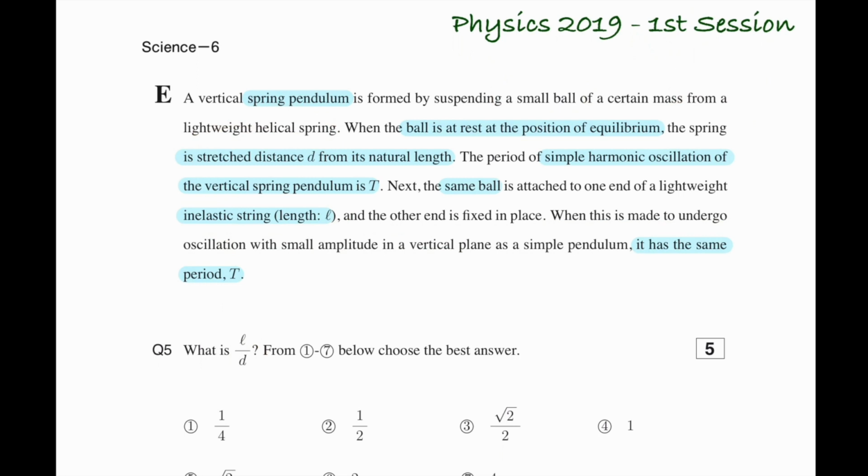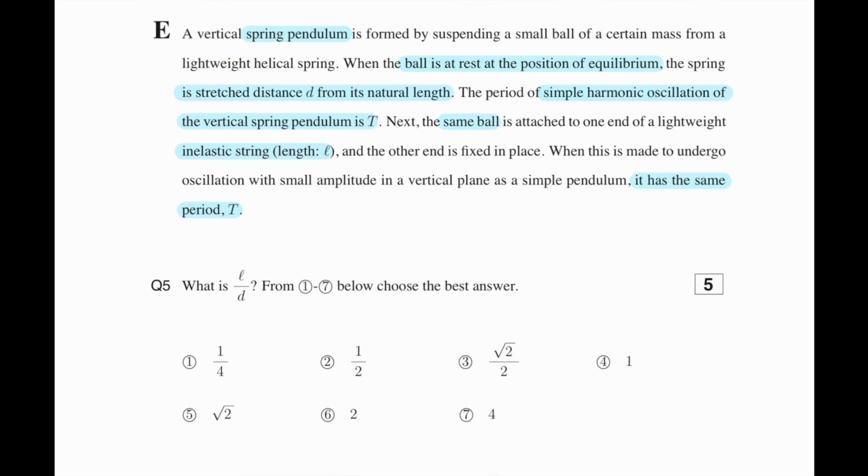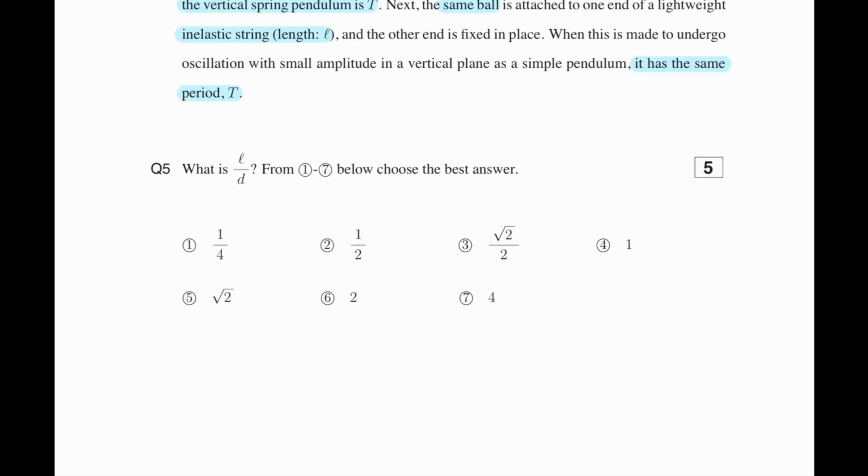If you remember the formula of the period of a simple pendulum, I will talk about the second arrangement first. You have to imagine the second arrangement. We have a simple pendulum.